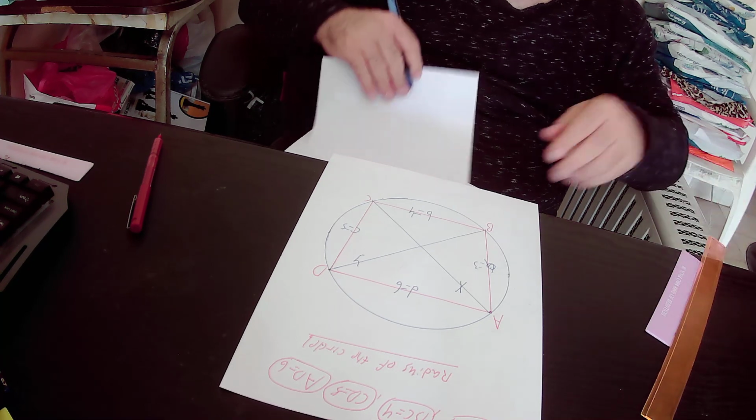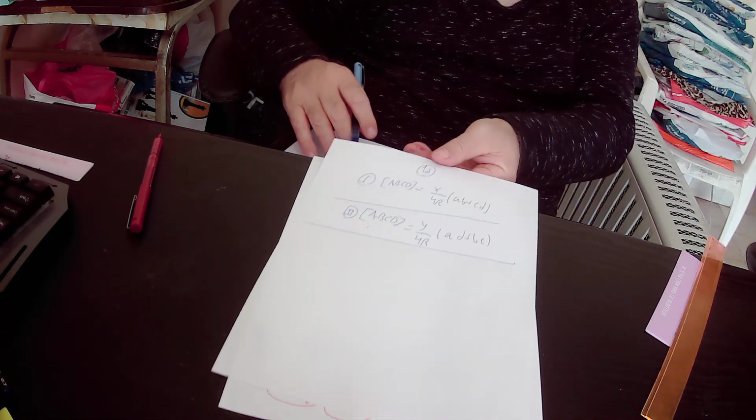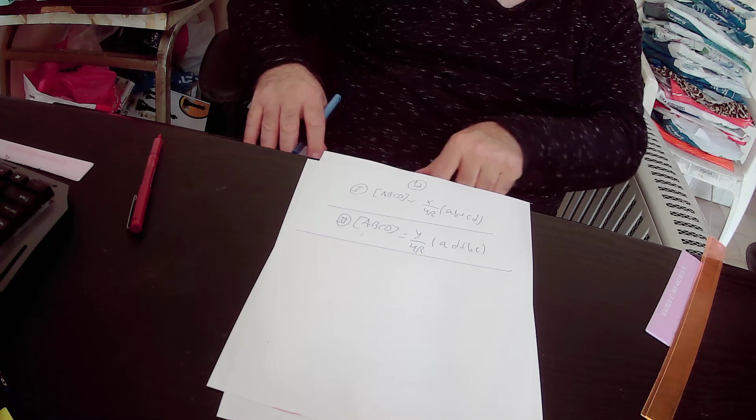So we have here two different expressions for the area of quadrilateral ABCD.